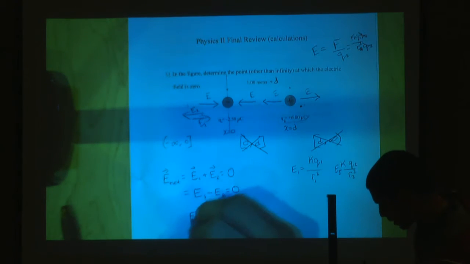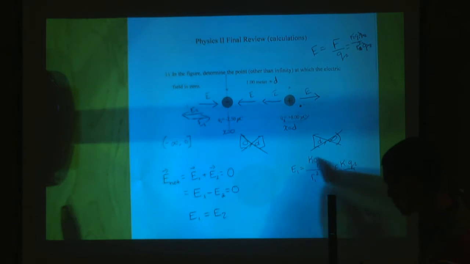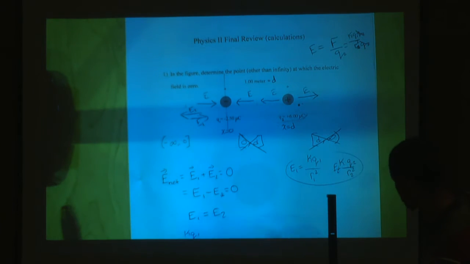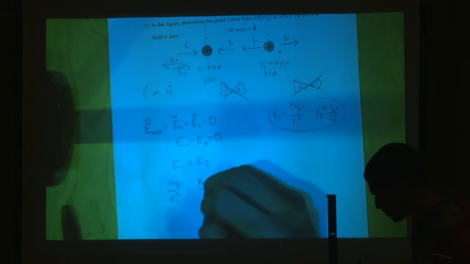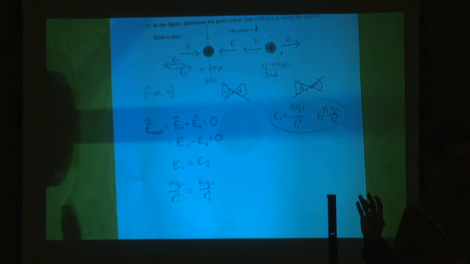So if E1 equals E2, and we break these up into what I wrote over here, we have KQ1 over R1 squared is equal to KQ2 over R2 squared. But let me ask you this. What is our R1 and what is our R2? They're not the same, right? Would R1 be X and R2 be D plus X?